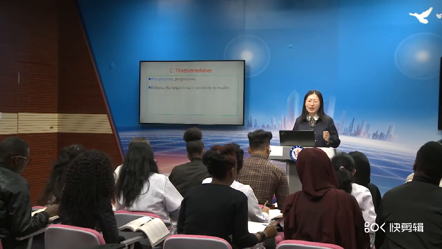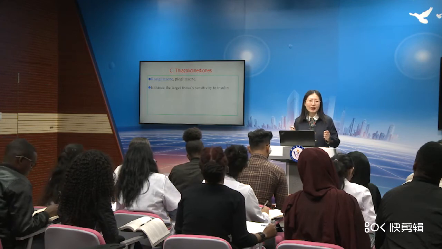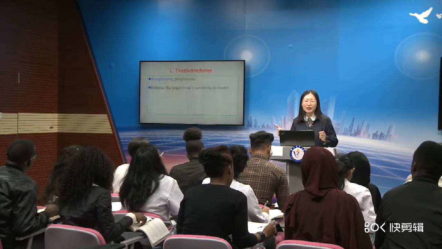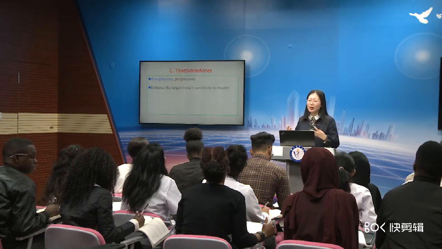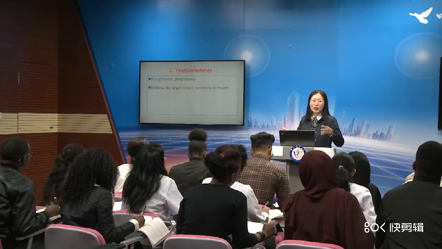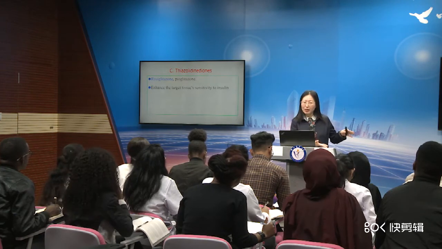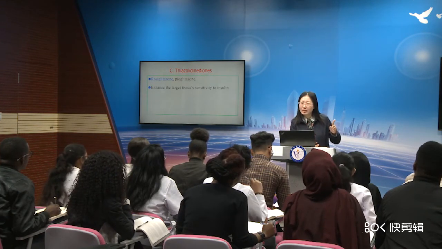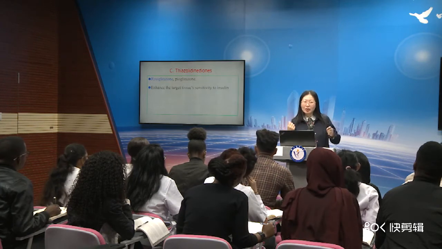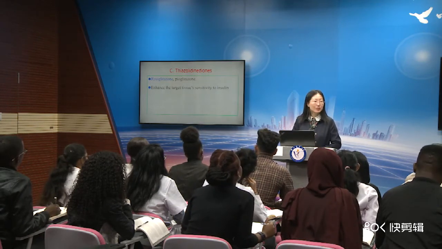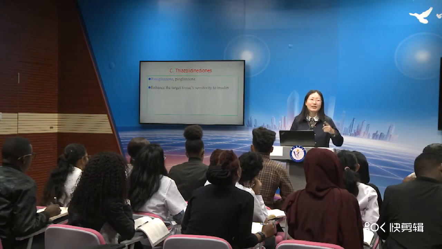The drugs enhance the target tissues' insulin sensitivity. So what's the meaning? You can use this kind of drugs to treat which kind of patients? Insulin increased sensitivity. So using to treat insulin resistance.